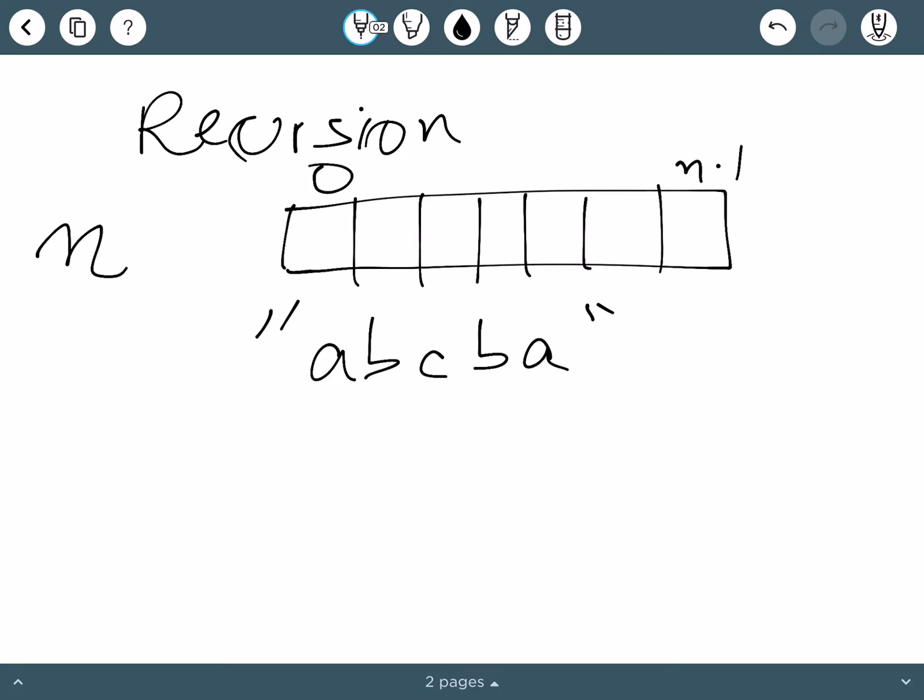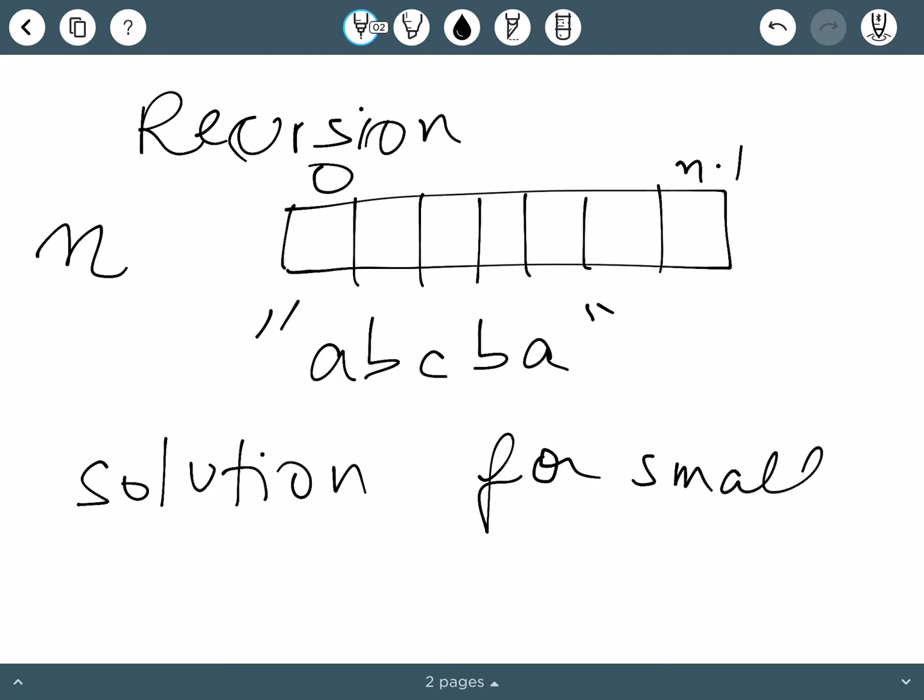So you have a problem of size n. If someone magically gave you a solution for a smaller problem, so you have a colleague, or me, and I tell you I can give you the routine that will solve palindrome for a smaller problem, can you then derive a solution for the whole thing?